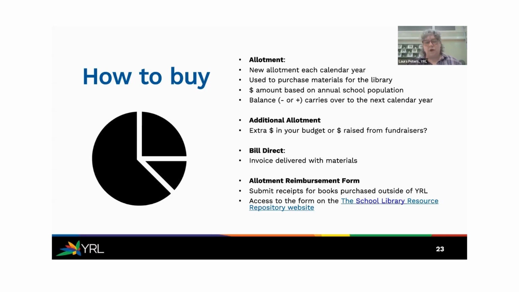It doesn't really matter: if you have a library in your school and you're the one designated to make the purchases and order the materials for your library, you just have this allotment, this pool of money to pull from for the materials for a library. The government has already worked out how many students are registered, so that's how they determine how much you're going to receive.